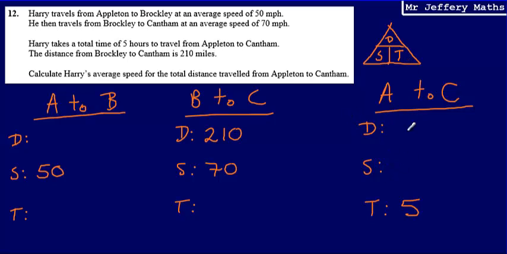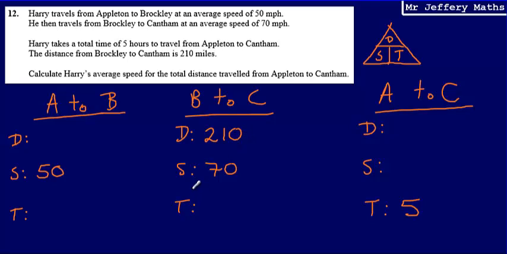So if I know the distance between A and C, then I can simply take that distance and divide it by the time, and that will give me the speed. Now, the problem that I've got is that I don't know what the distance is. I only know the distance from B to C.